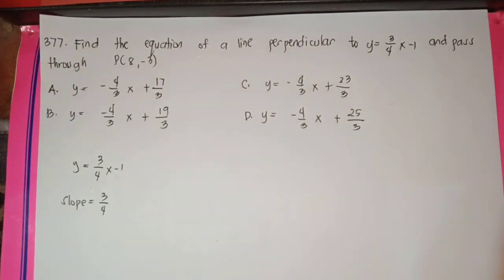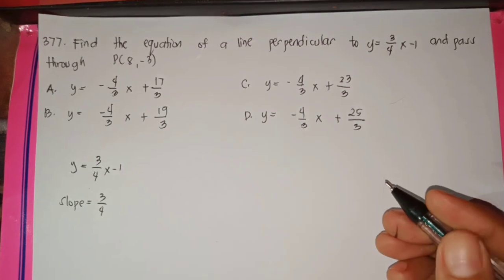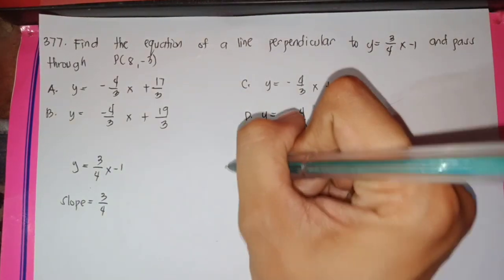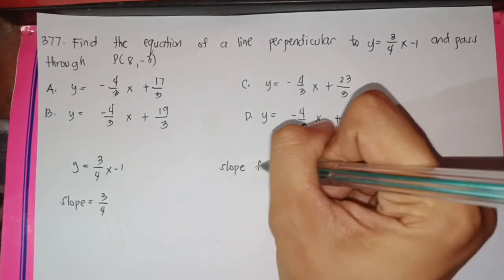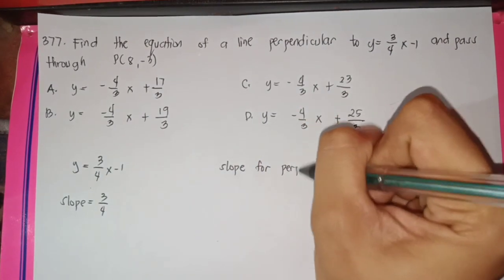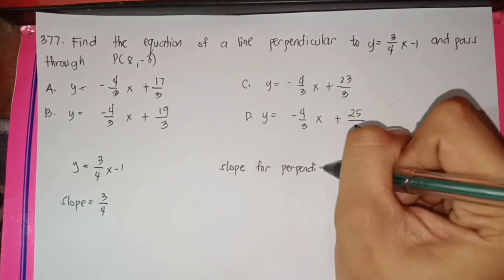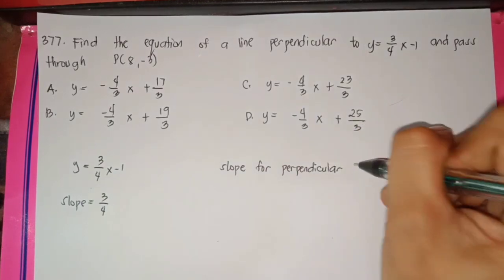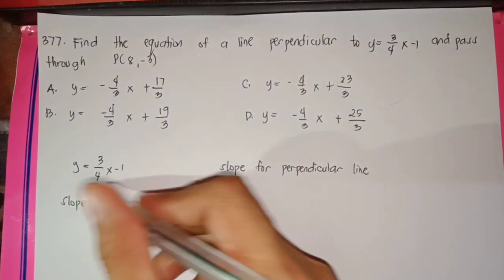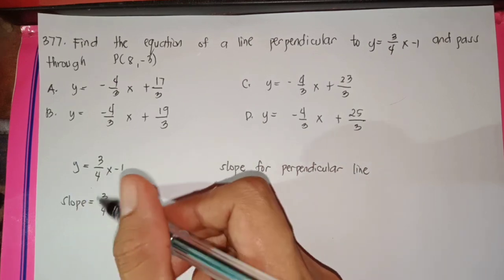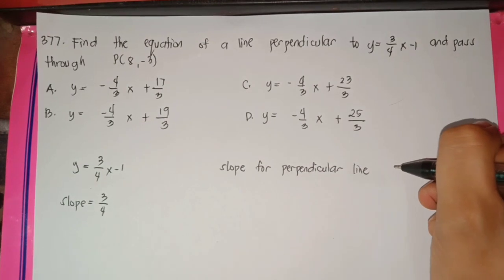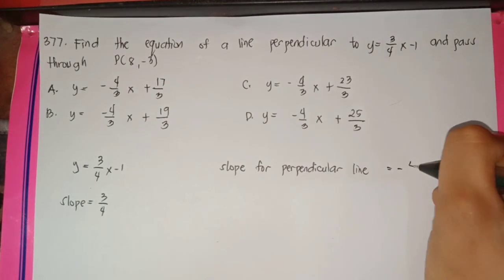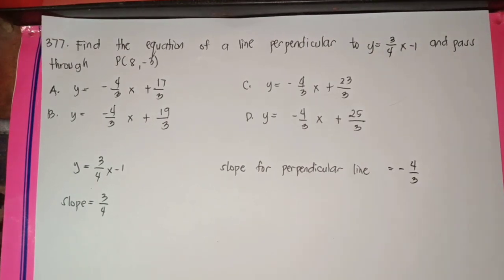The slope for the perpendicular line will be the negative reciprocal of the slope of the given line, which is 3 over 4, and it will become negative 4 over 3.